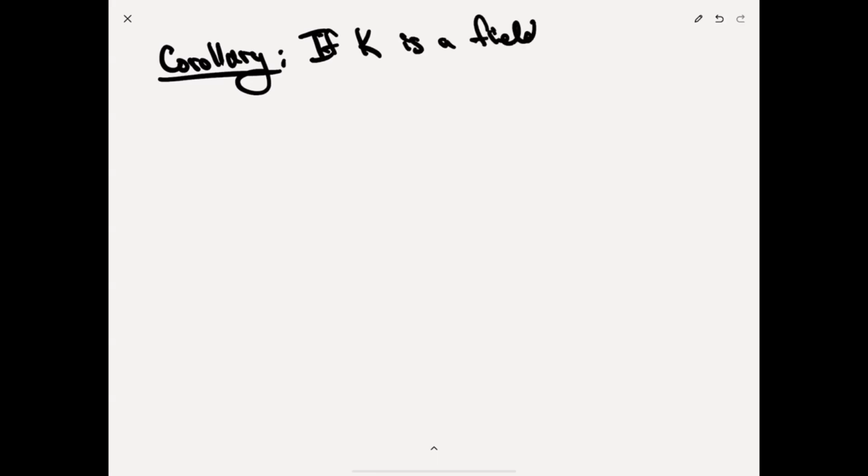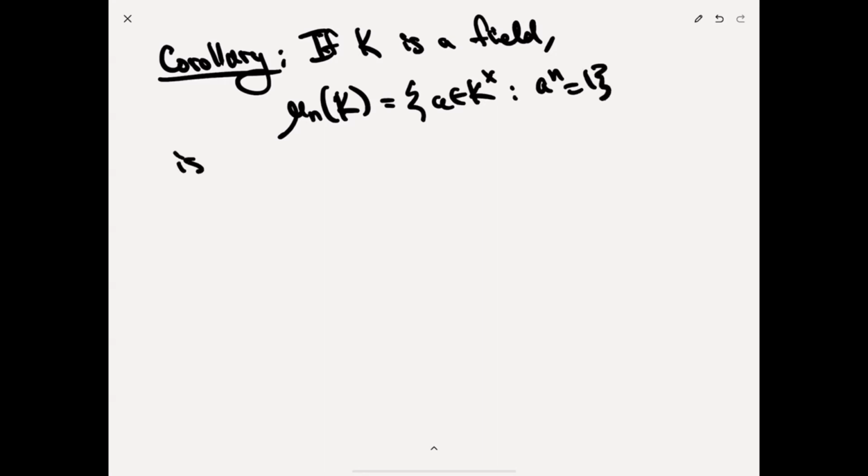The other corollary is that if K is any field, and we define mu n of K to be the set of A in K cross such that A to the n is equal to 1, then this is a cyclic group.